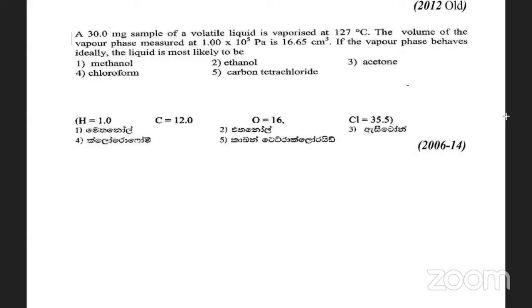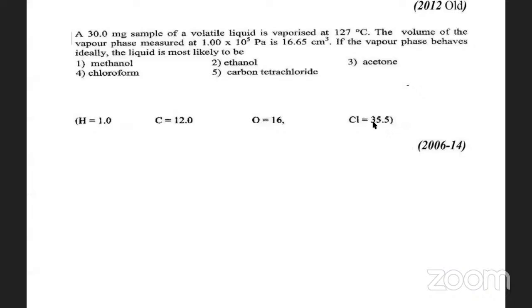It is not 8.3, but roughly. If the vapor phase behaves ideally, the liquid is most likely to be. So they have given you 5 different liquids, and we have to choose which one of them has the highest possibility.